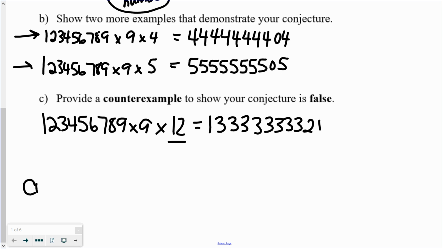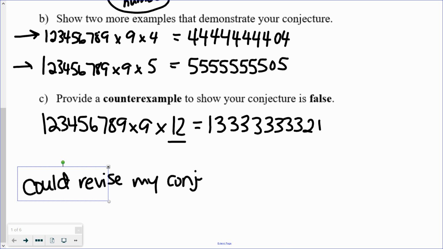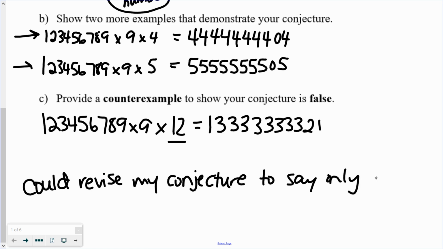So what I could do is revise my conjecture to say only a single digit number. So it only works for 1 through 9.